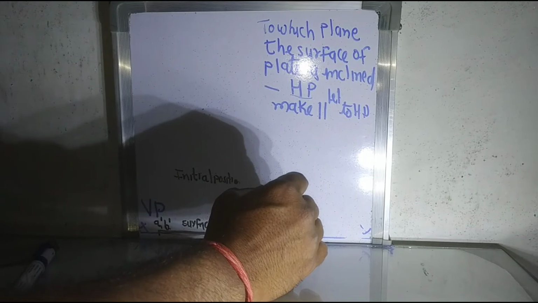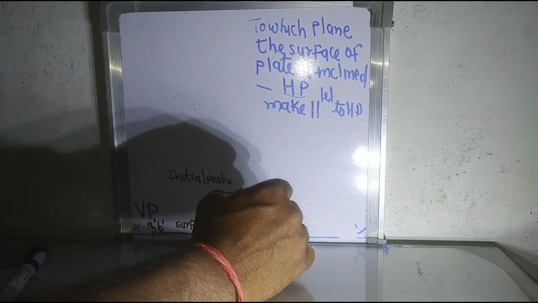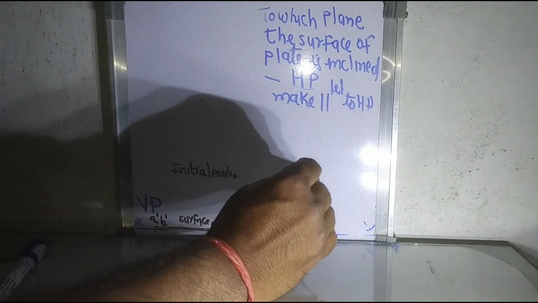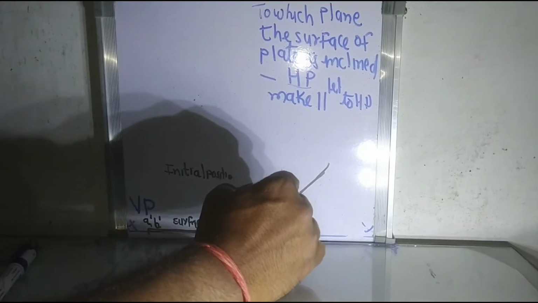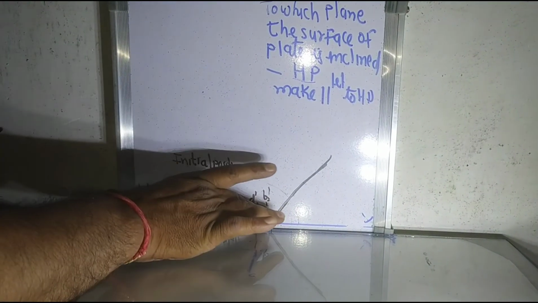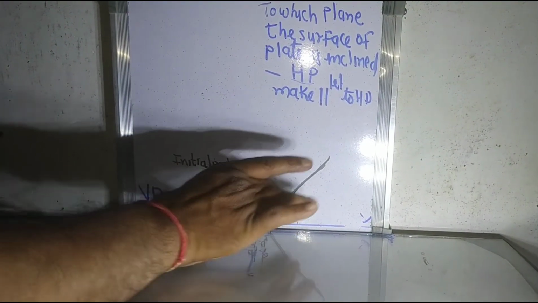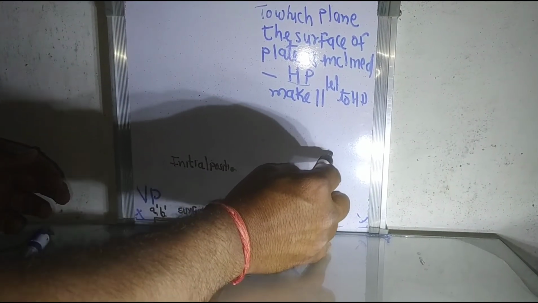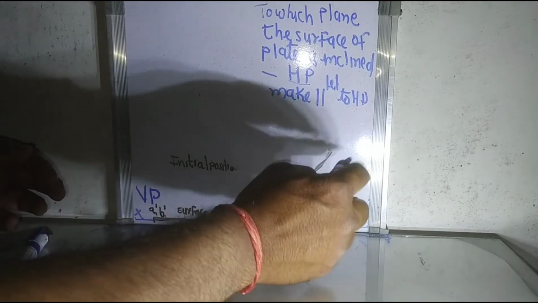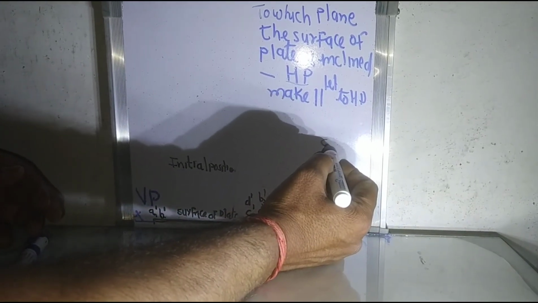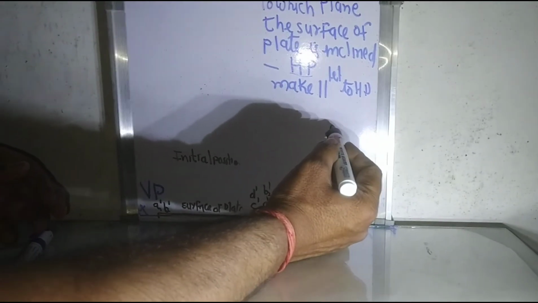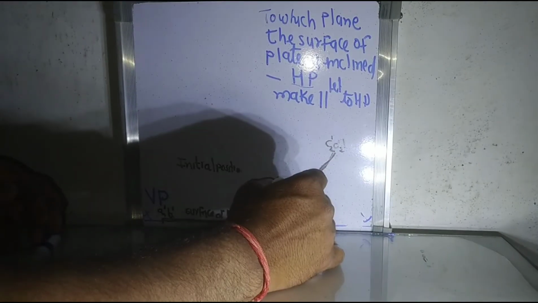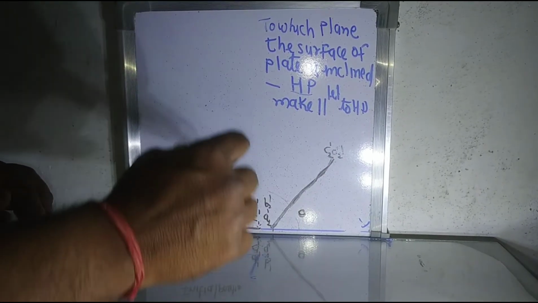Say 40 degrees. I will mark it here and draw a line. I will take the same length and mark it here. This will be C2 dash and D2 dash. Now this is the angle theta, the inclination with HP.